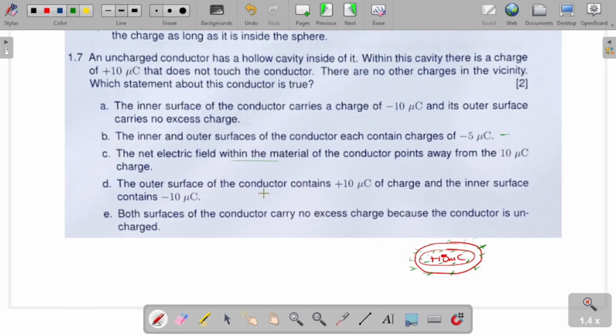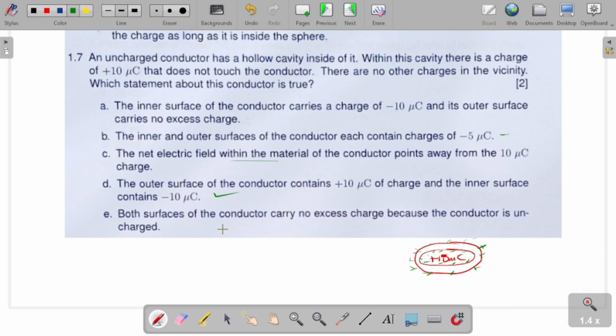Now the outer surface of the conductor contains +10, and the inner contains -10. Now this one is corresponding to what we are saying. After this has been induced, the inner has negative, the outer has positive.